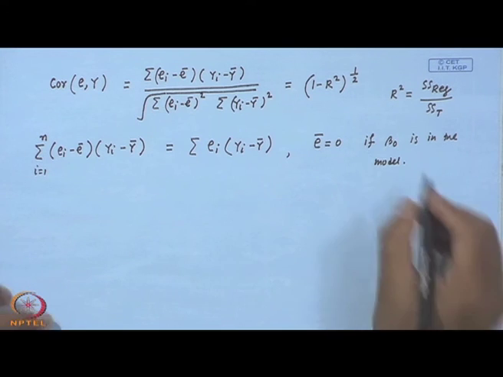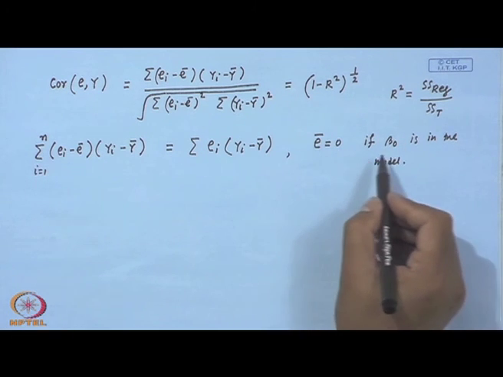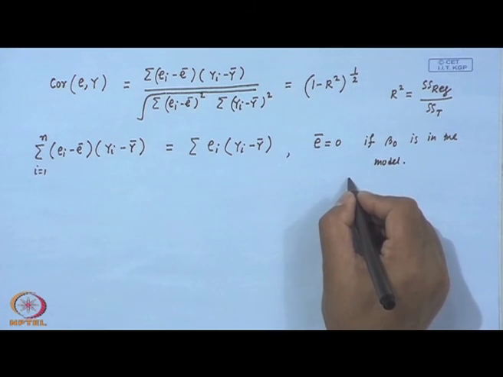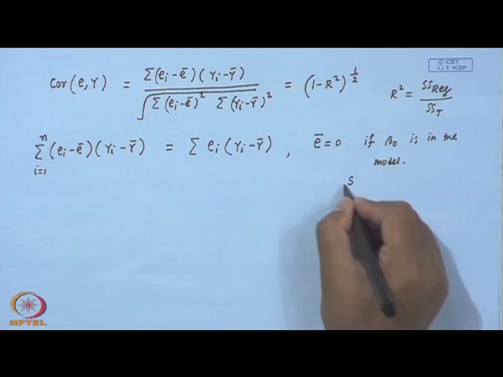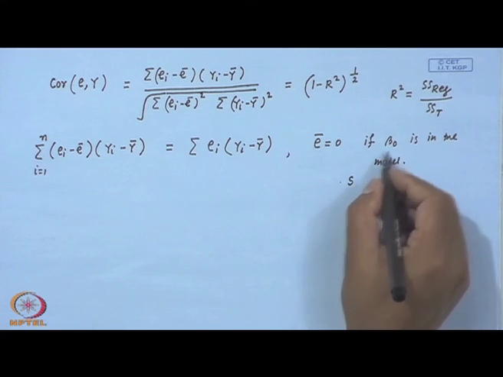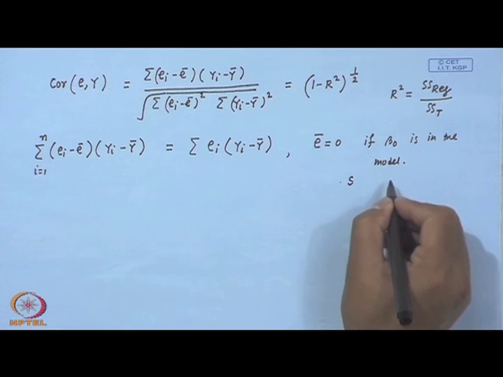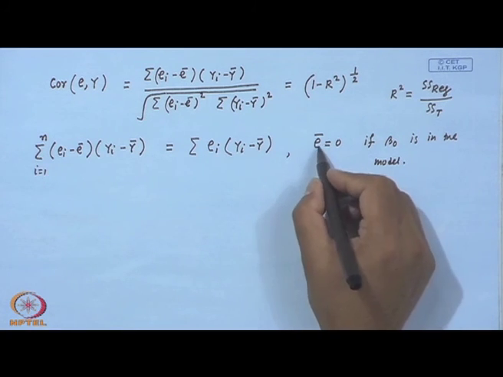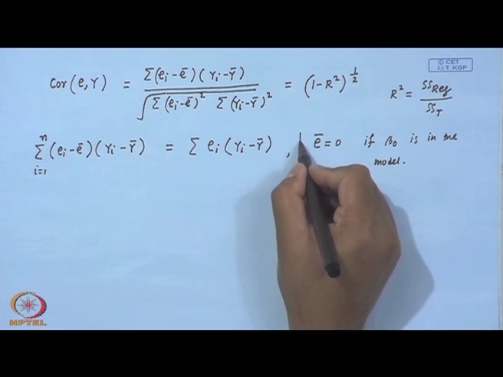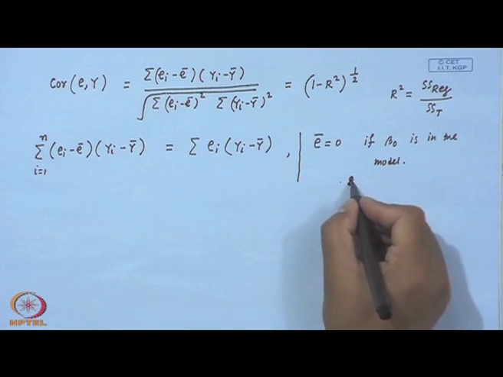Because if beta naught is in the model, then while differentiating the least square function S with respect to beta naught, we get summation E I equal to 0, and from there E bar is equal to 0. Okay.